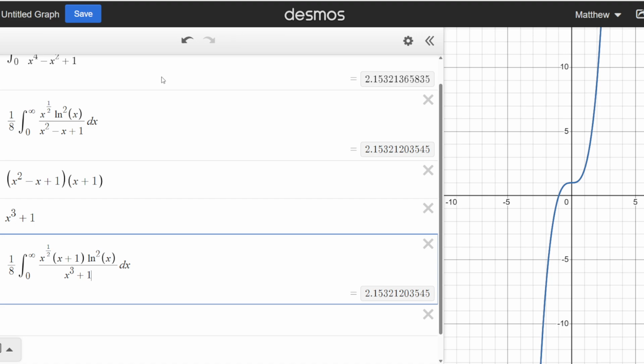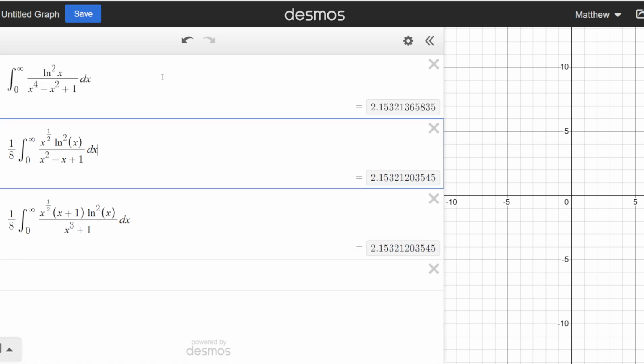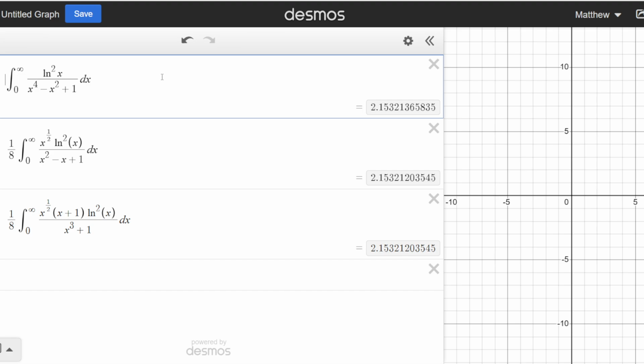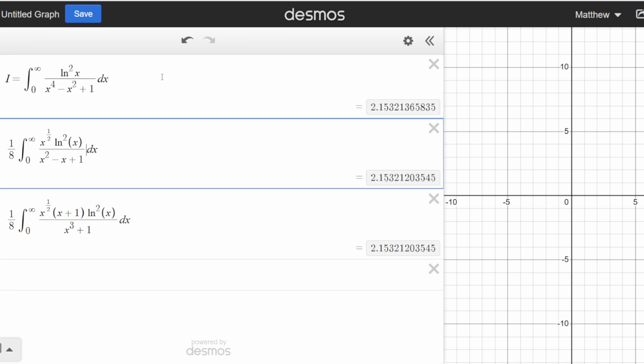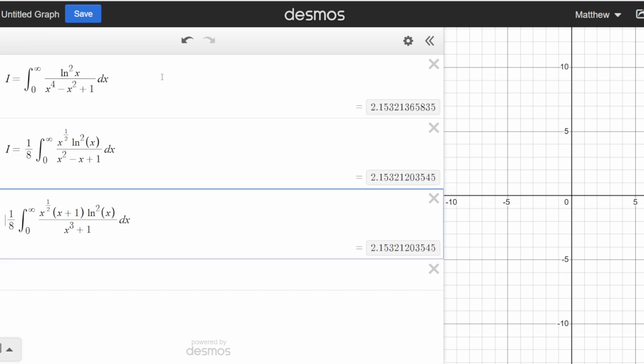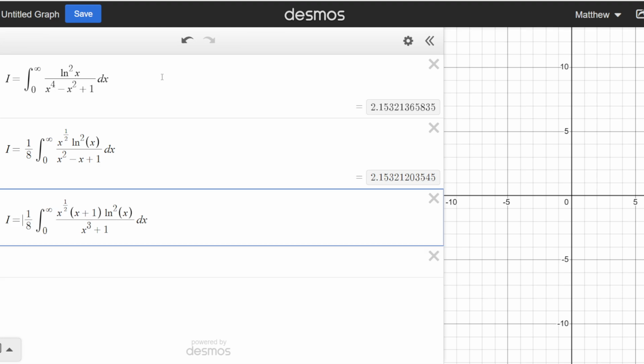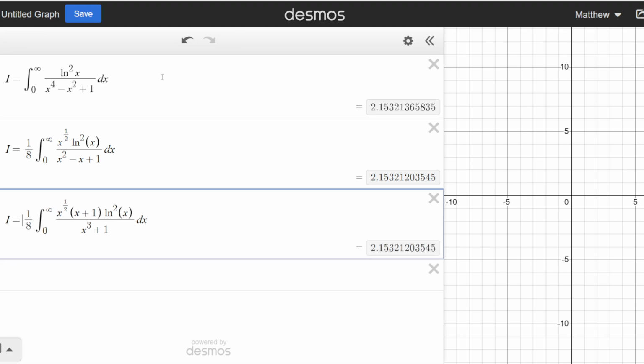All right, and now it's time to break this up into two separate integrals. All right, I should be labeling this I. I is equal to this, I is equal to this, and I is equal to this.